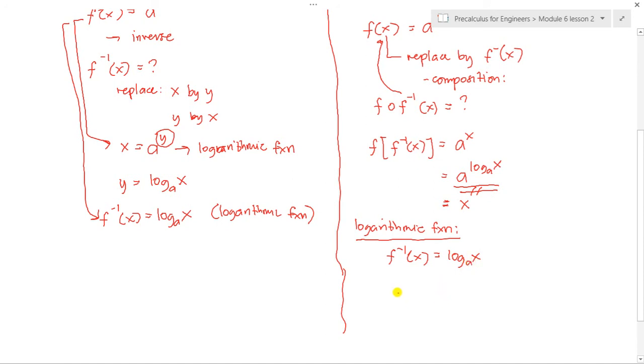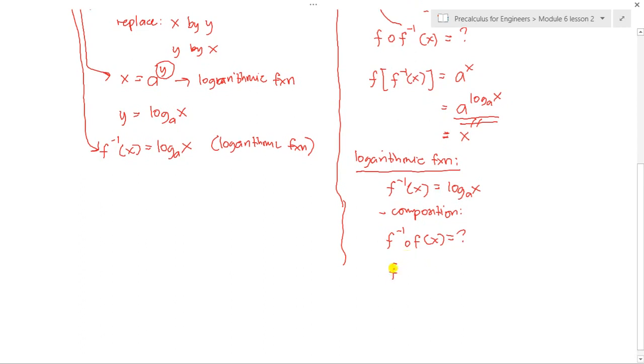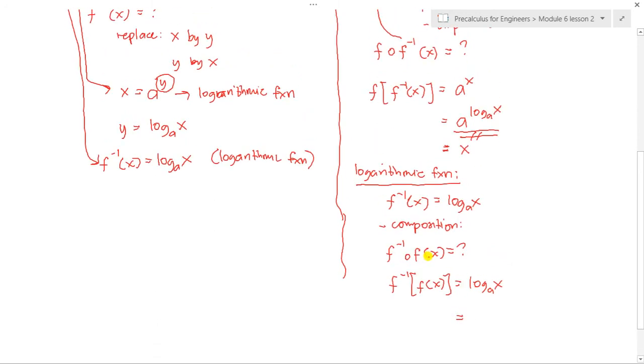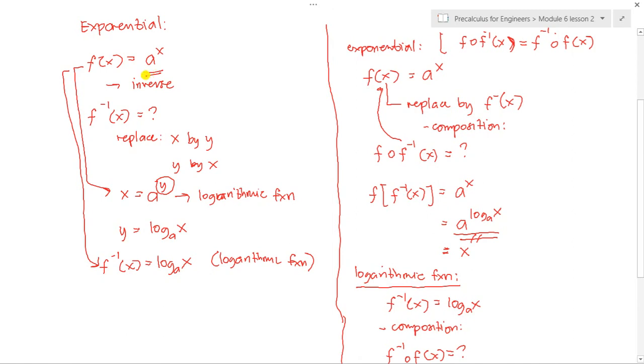So here, we apply composition. Applying the composition operation, we now have f of negative 1 composed with f of x equals blank. We denote this as f of negative 1 composed with f of x, meaning the value of the independent variable for f of negative 1 is the entire f of x. So this would be equal to log of x to the base a, substituting f of x, which is just a raised to the power of x.